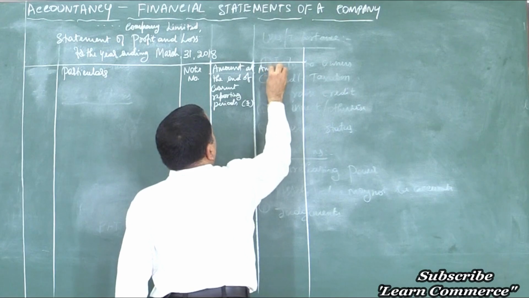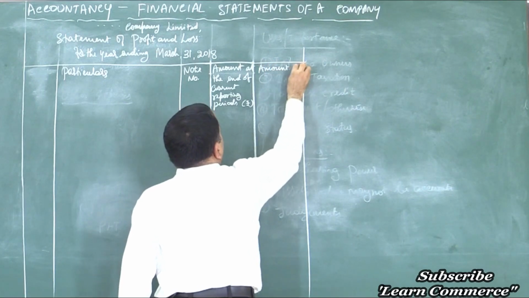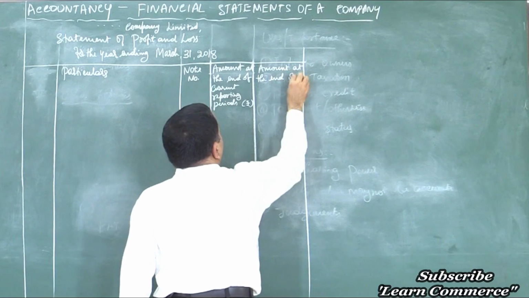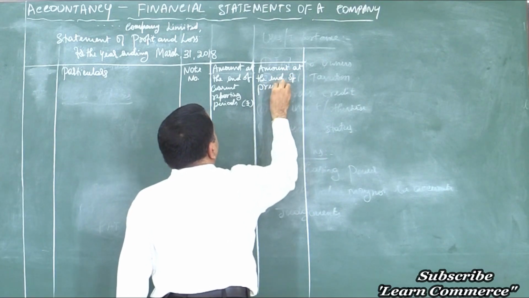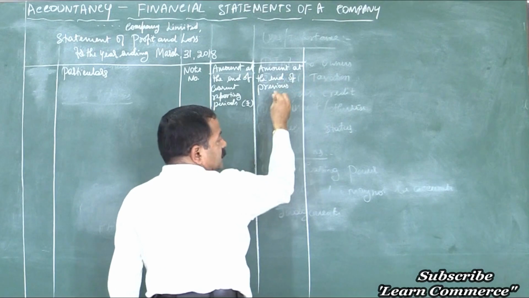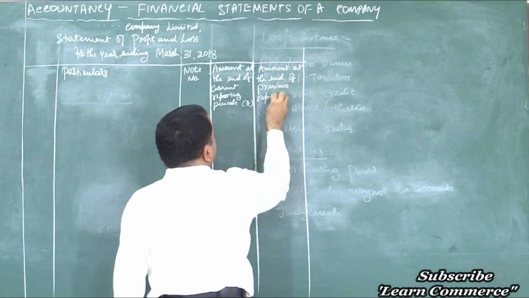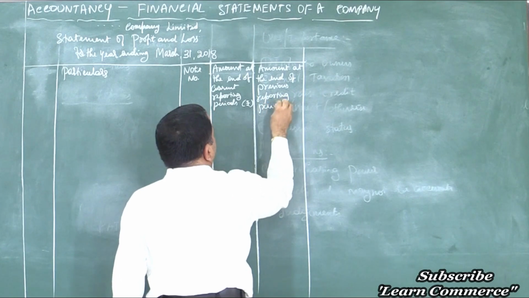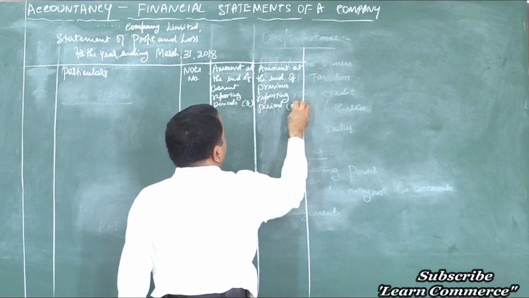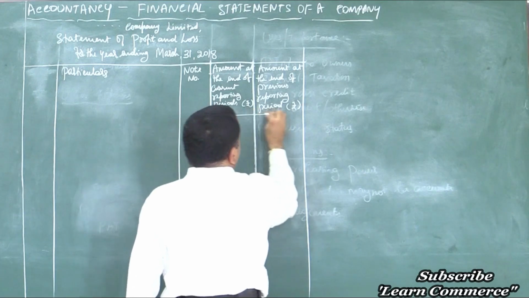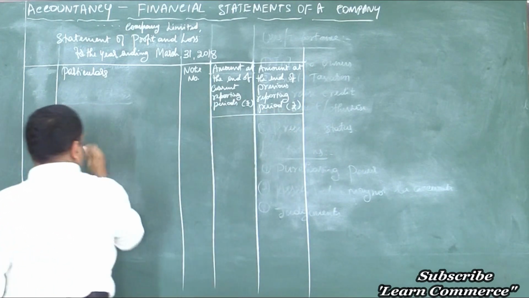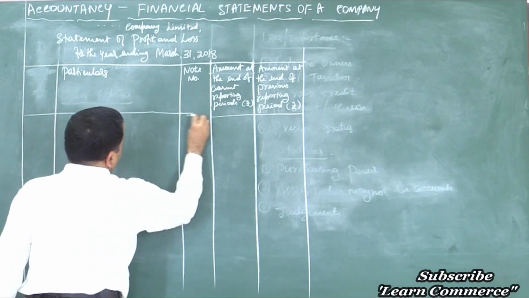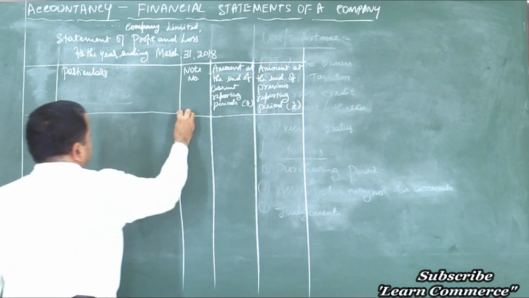Amount at the end of previous reporting period, in rupees. Yes. Over. Yes, column drawn. Now let us start.